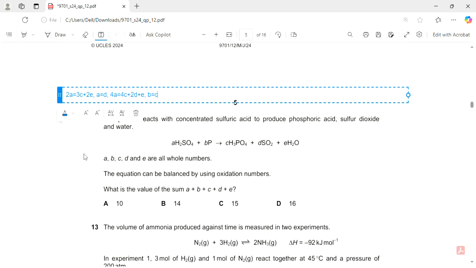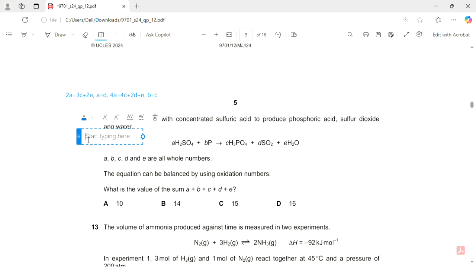So b and c are equal, so taking b and c equal to 1. I'm writing this here. B is equal to 1 and C is equal to 1.